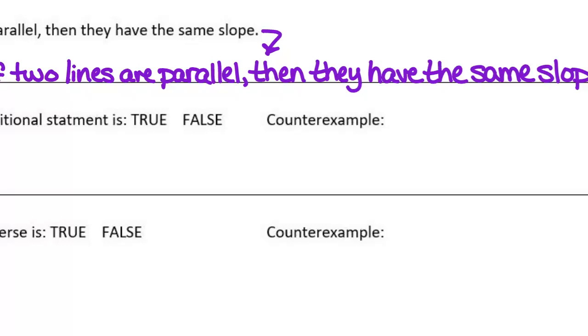Slope is rise over run. There we go. Rise over run. So if I have two lines that never touch each other, they're parallel. Does that mean that they have the same slope? They have the same rise over run? Yes, it does.